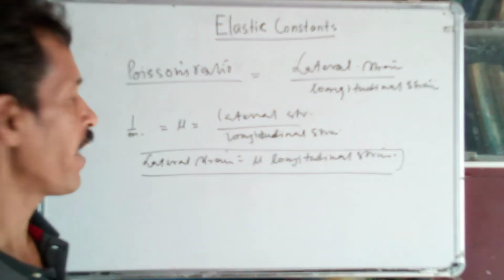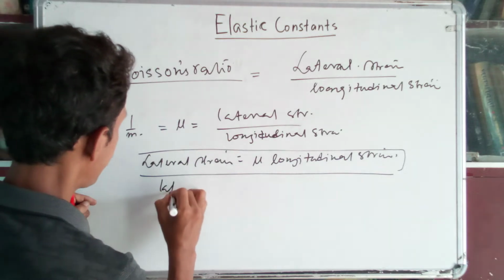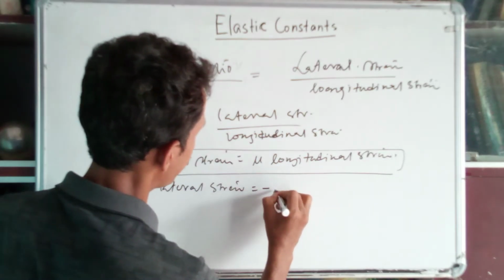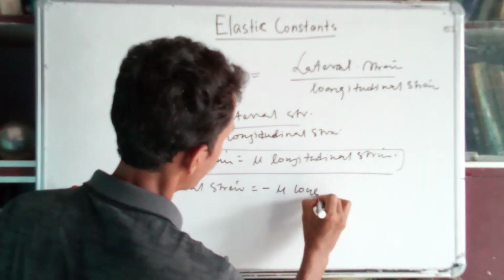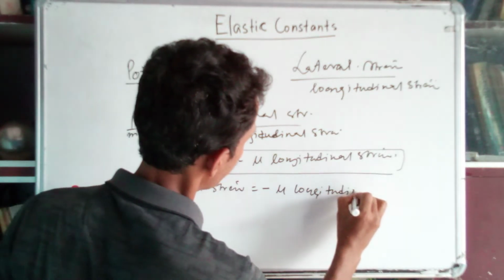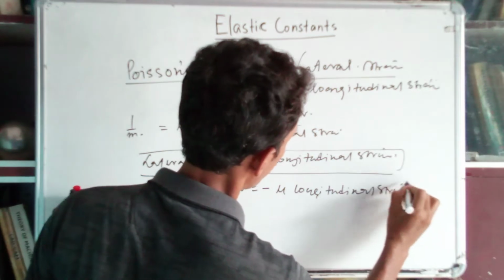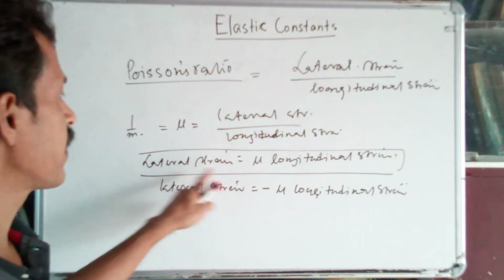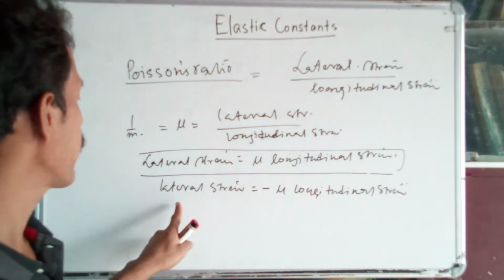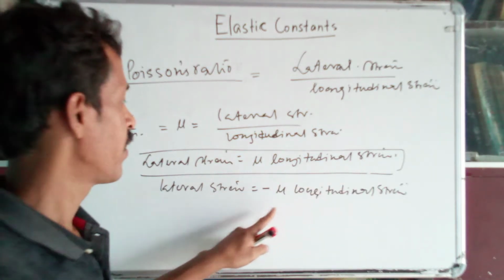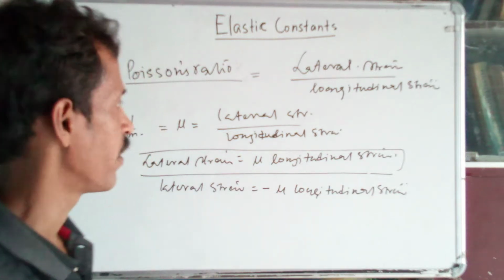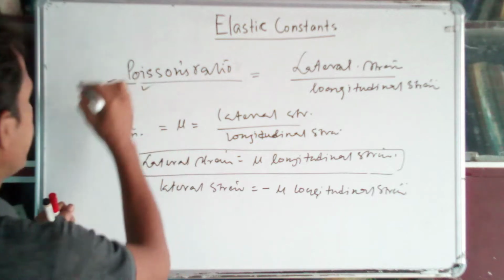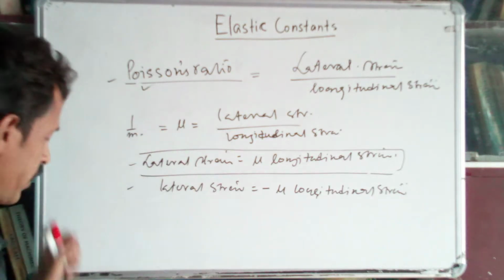So algebraically we can write lateral strain is equal to minus mu into longitudinal strain. So Poisson's ratio is lateral strain over longitudinal strain.